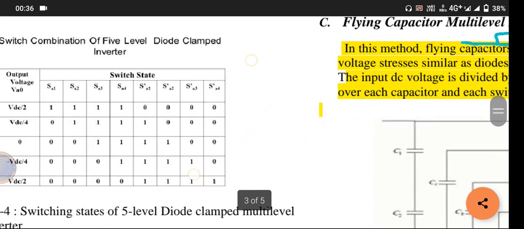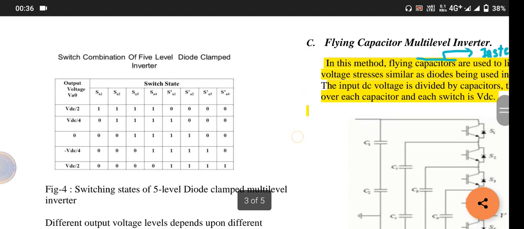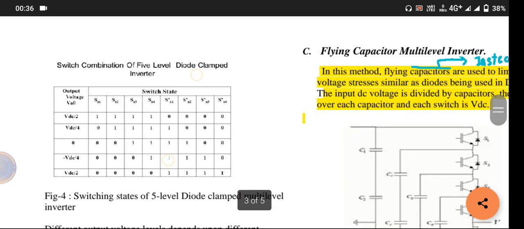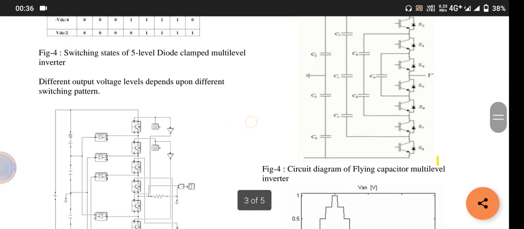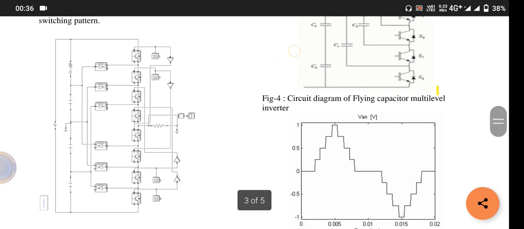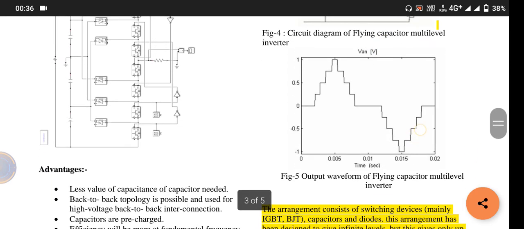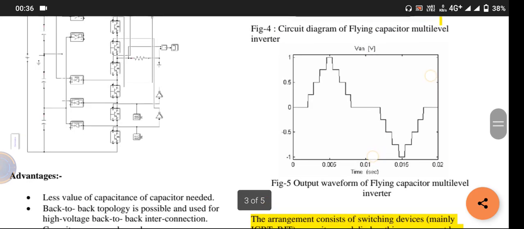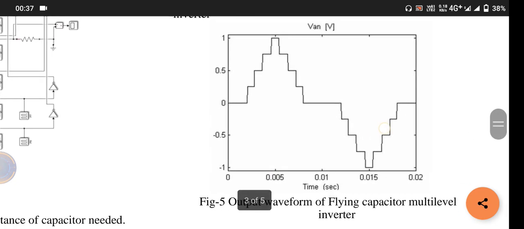Now this is the switching pattern of this multi-level inverter. And this is the simulation diagram of the diode clamped 5-level multi-level inverter. Similarly you can get the result here also, that is the result of the 5-level diode clamped multi-level inverter.